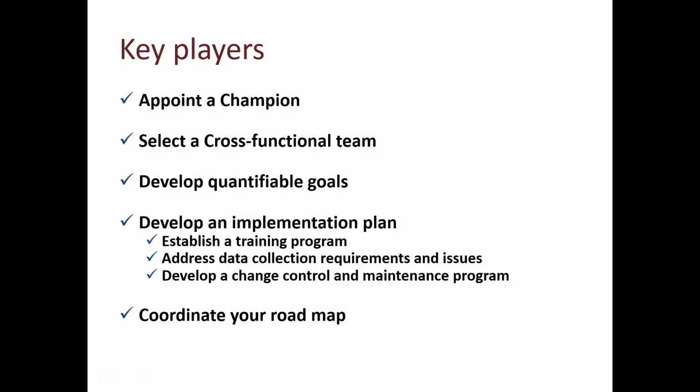The champion is one of the top management. Why? To have authority. And this is a basic rule in change management. The champion should be from the top management. Why? For authority. Because usually companies start with soft skills, trainings, workshops, and so on.